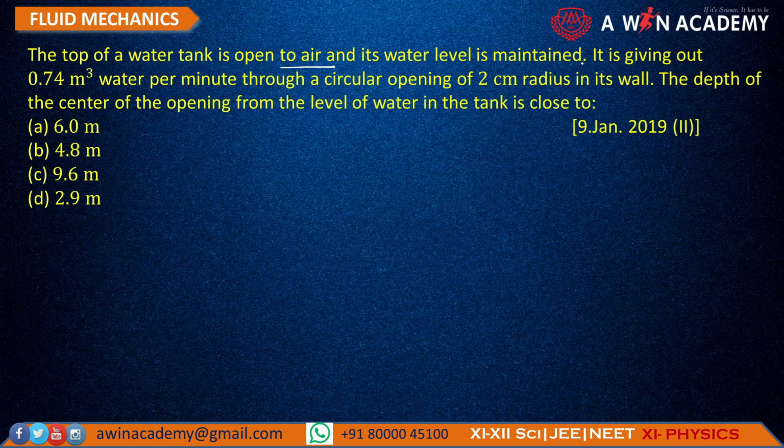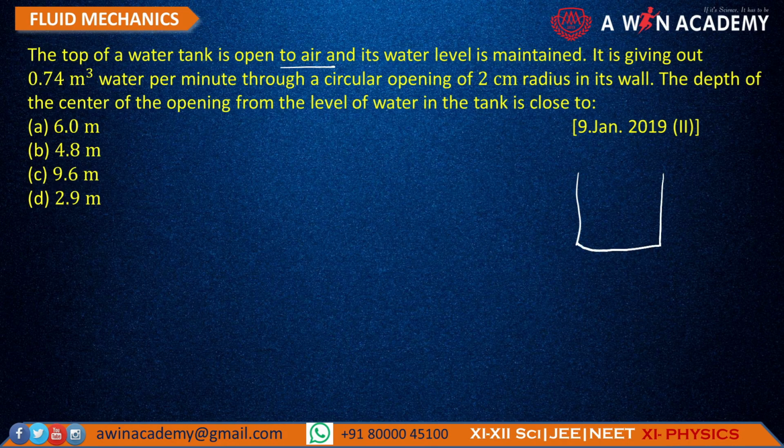It is giving out 0.74 meter cube water per minute through a circular opening of 2 centimeter radius in its wall. The depth of the center of the opening from the level of water in the tank is close to. Same here, we are also asked to find the height.